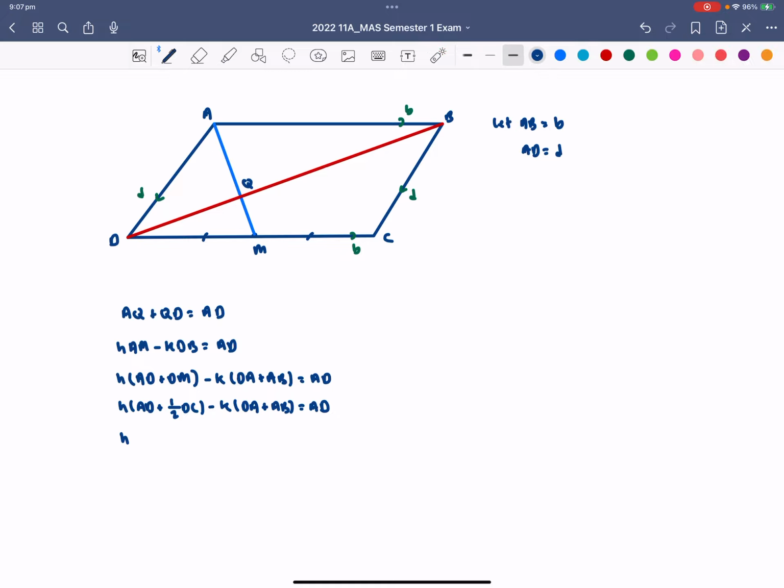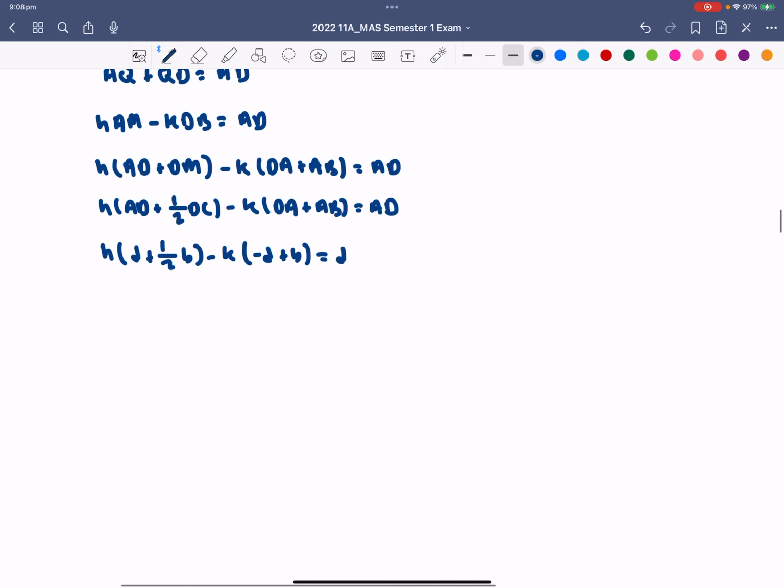So what we have is H lots of, now what is A to D? A to D is D. D to C is B. Minus K lots of D to A, well, A to D is D, so D to A is negative D. And A to B was B. And then A to D is just D. If I expand the whole thing out, what do I have?